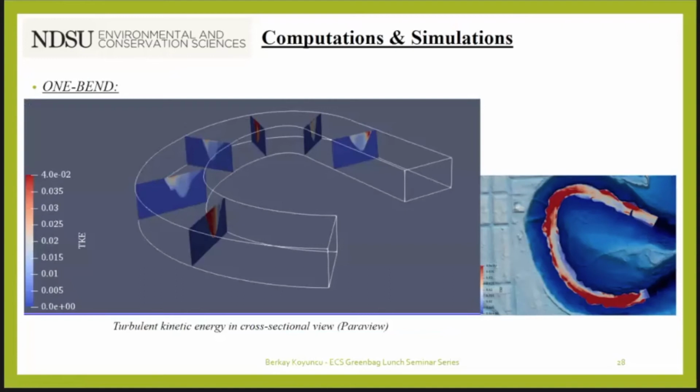And more fluctuation, more turbulence means more possibility for erosion, bed change, and sediment transport. So it's affecting the shape of the river bathymetry, actually affecting the geography. And we observe the higher turbulent kinetic energy close to the banks, outer bank, mostly.